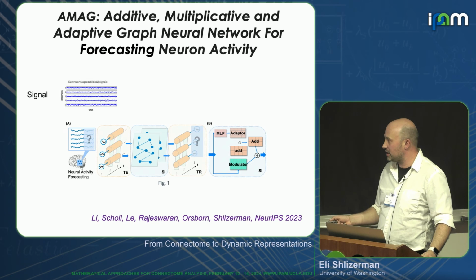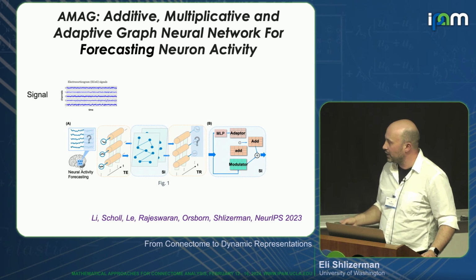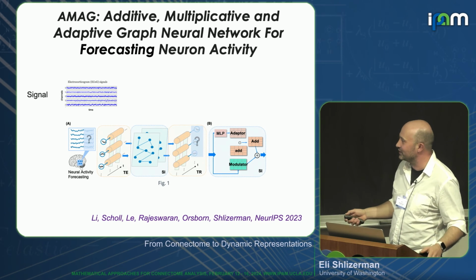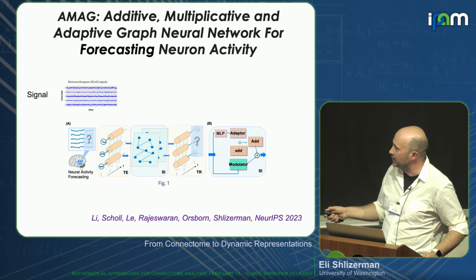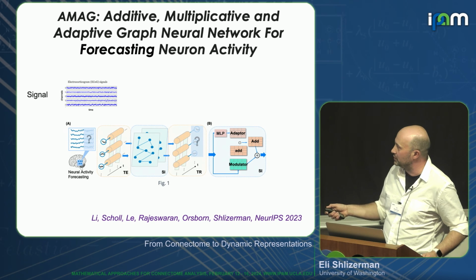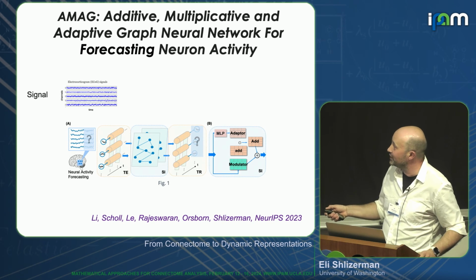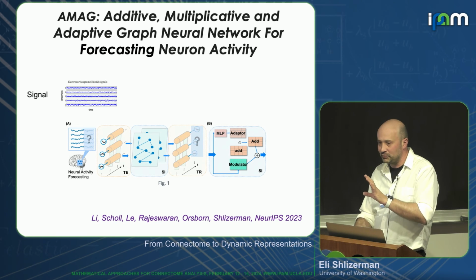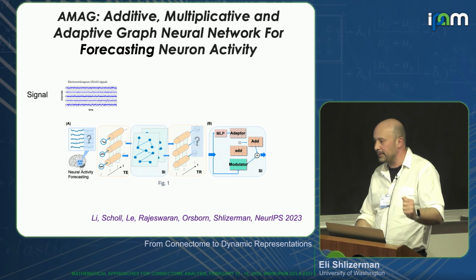In this case, we propose that for a given signal, we can build a graph neural network which will have two parts: additive encoders and multiplicative encoders. This network will not just reconstruct the signal, but will also learn the graph structure, okay?